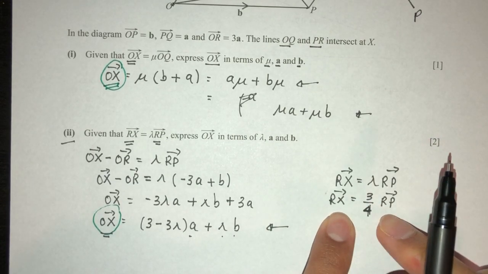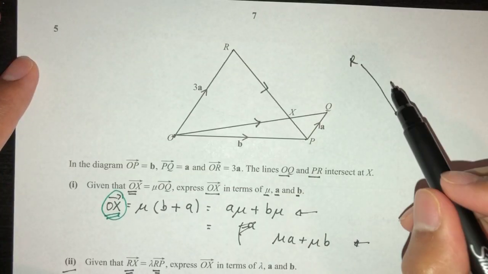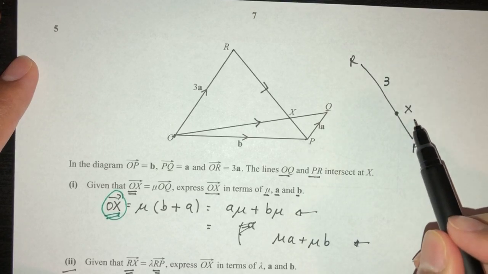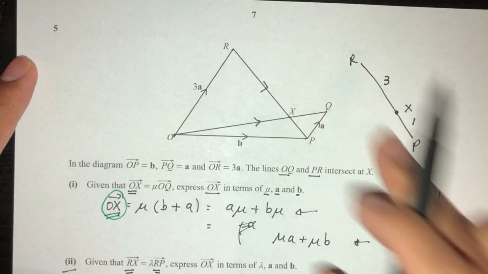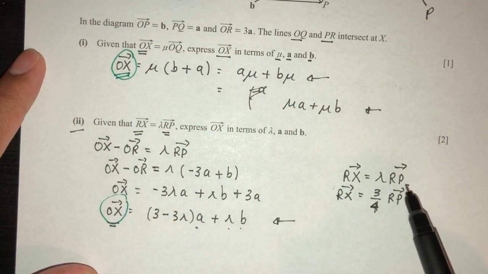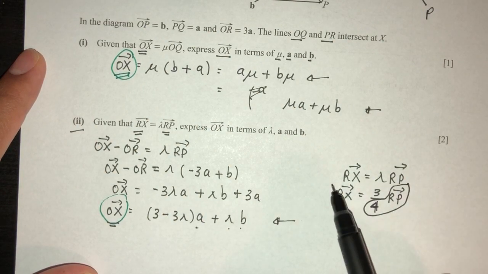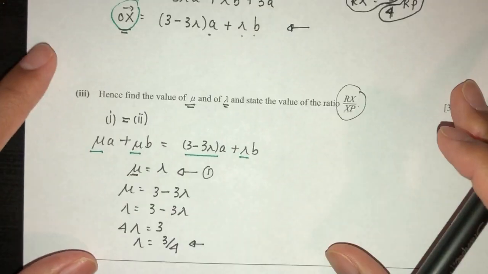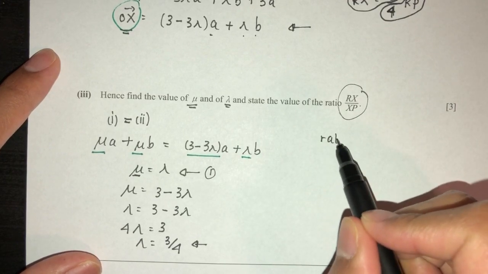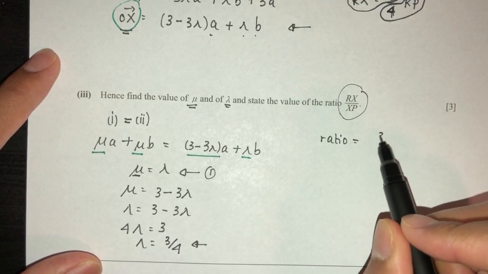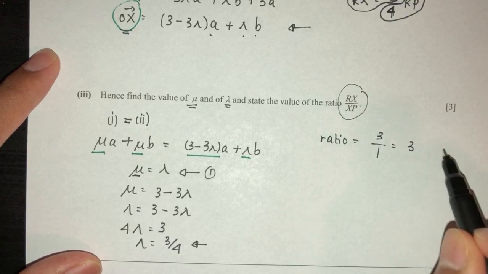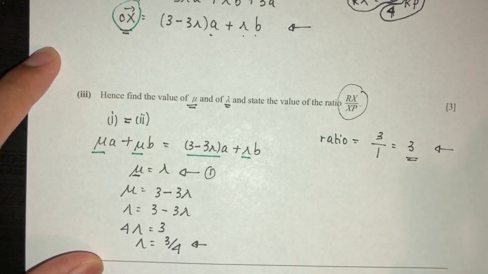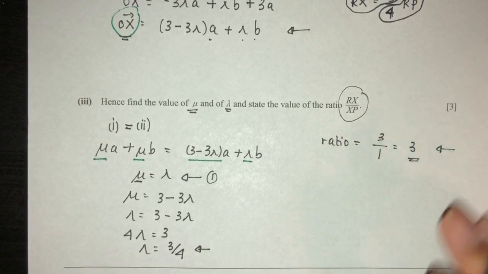So RX is 3/4 of RP, which means that RX is 3 and XP is 1, because RP is 4. So RP is 4, RX is 3, which means XP is only 1. So the ratio RX to XP is 3 to 1, it is 3. And that will be your answer for part 3 of question number 5.